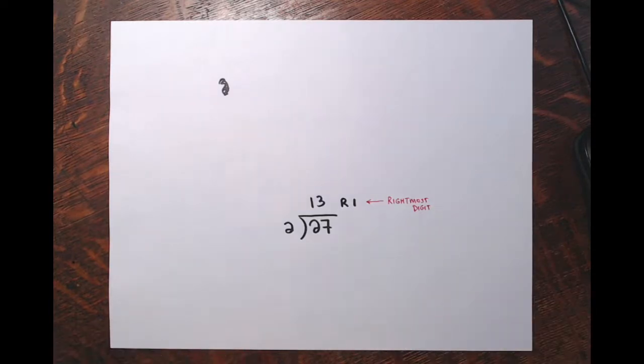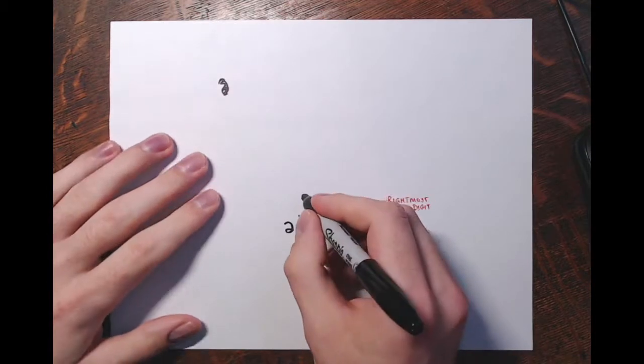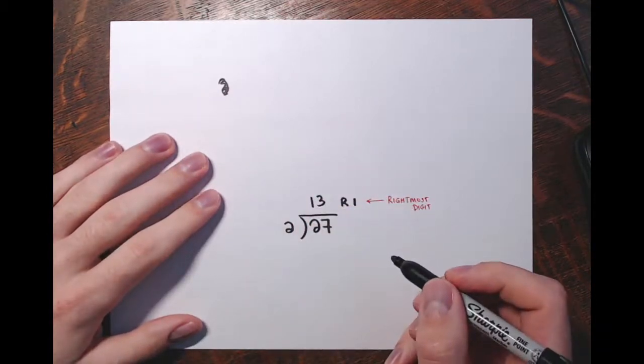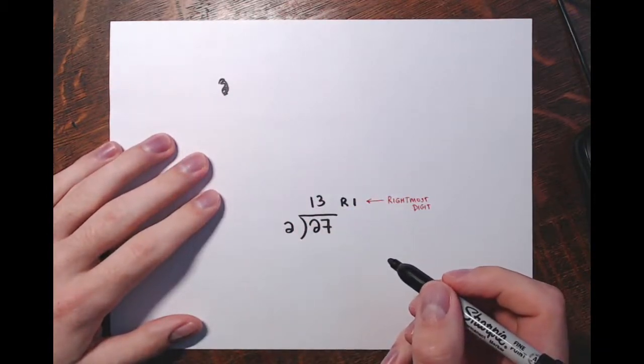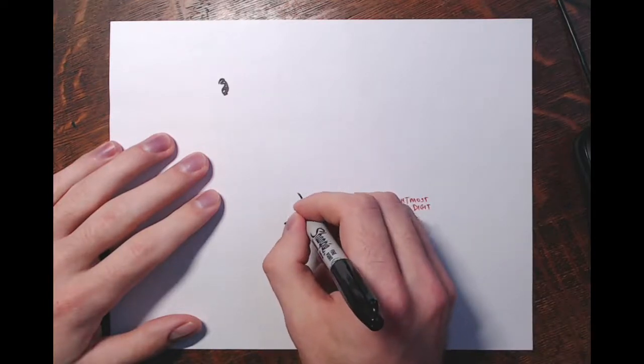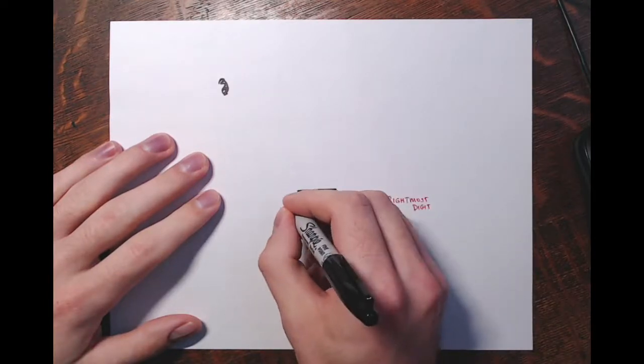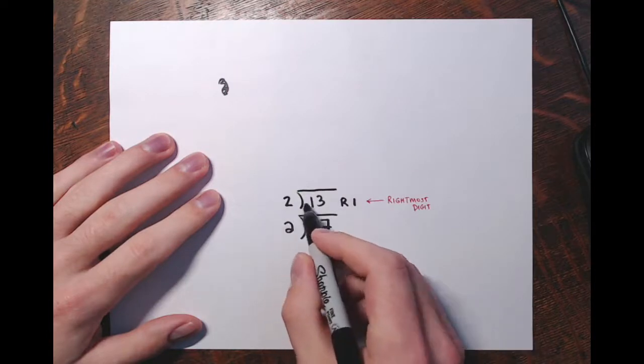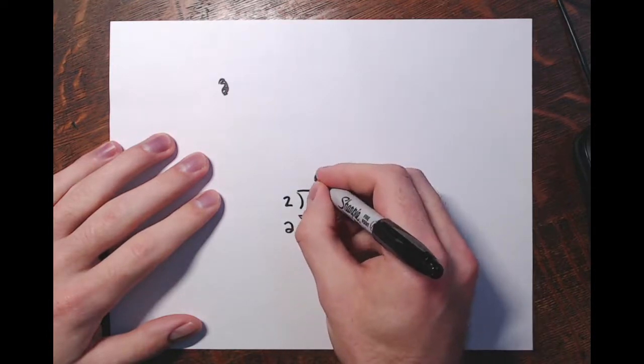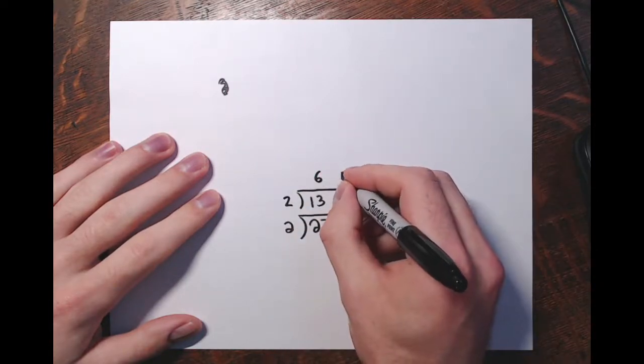Right, and then I like doing it this way, where I keep going up, and you keep going until you get a quotient of 0. So then what's 13 divided by 2? I just keep dividing by 2. 2 goes into 13, 6 times, also with a remainder of 1.